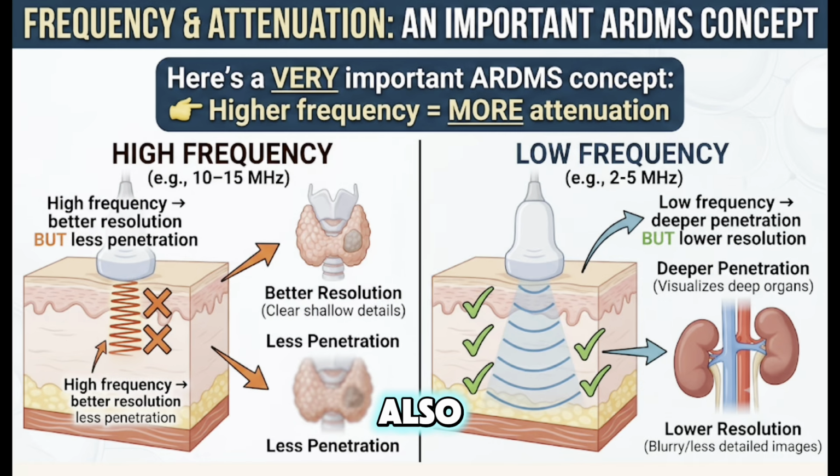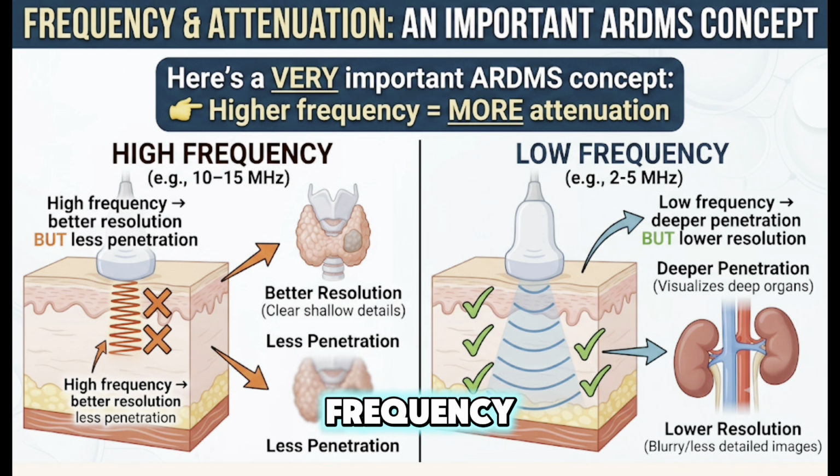Now, let us also talk about the relationship of frequency and attenuation. And this one is a very important ARDMS concept. Remember, the higher the frequency, the more attenuation. It means that high frequency gives better resolution but less penetration. It means that even if the wave is still in the superficial area, there is already a significant amount of attenuation.